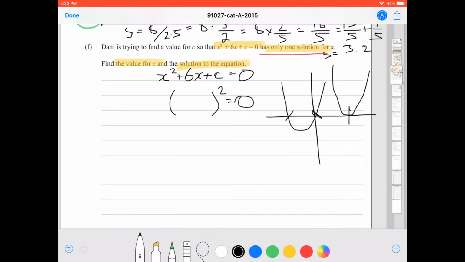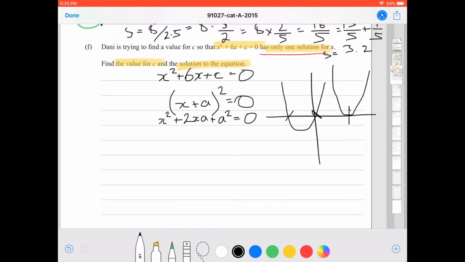Now what goes inside these brackets? Well, we've got x, and we're after a value. Let's just plug in a variable, so let's say plus a, and we can actually expand these brackets here. We can say x squared, and the b term is 2ab, so plus 2xa, and then plus a squared, and that equals 0.